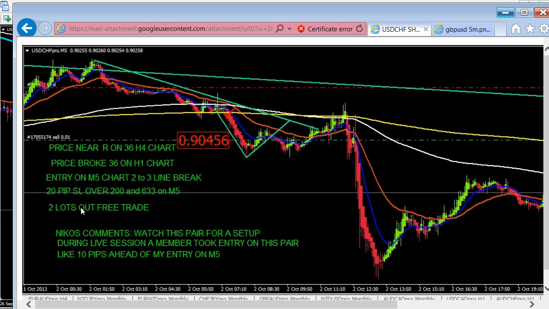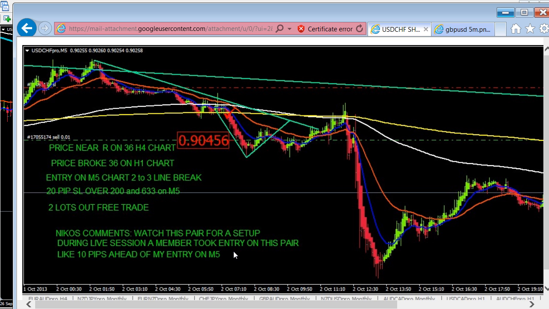Okay, so 2 lots out, and that makes it a free trade. Well done. What do you say, Nicholas? Comments. Okay, watch this pair for a setup during the live session. A member took an entry on this pair, like 10 pips ahead of my entry on the 5-minute.